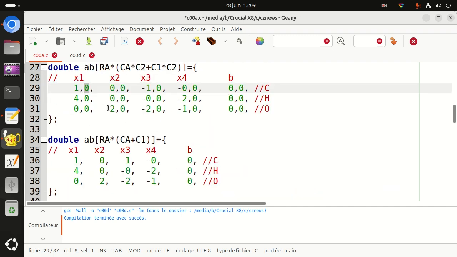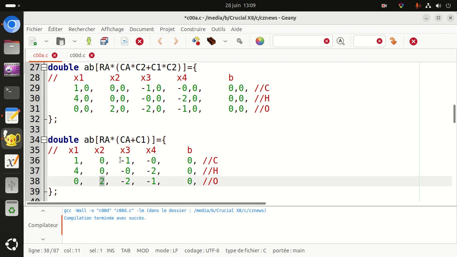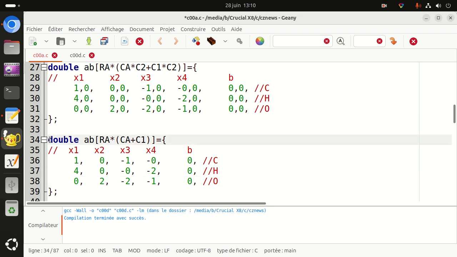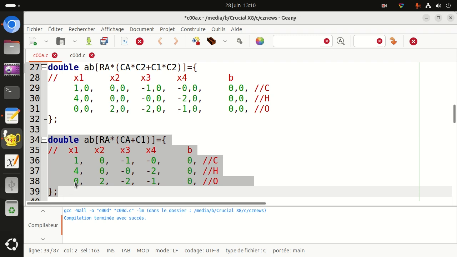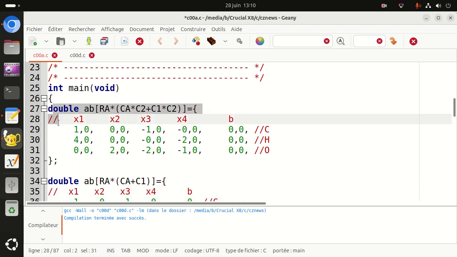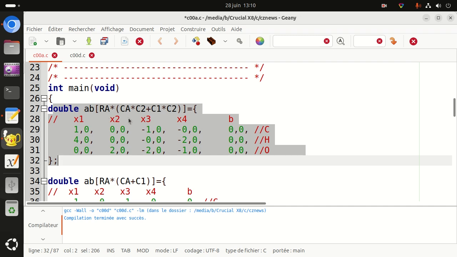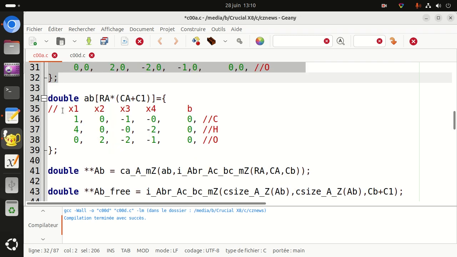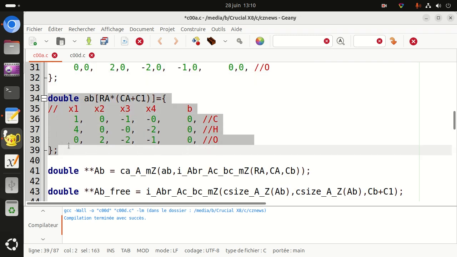Here I have created a linear system of equations with real values, and now I have created this system with complex values. Why? Because I work with my linear algebra library with complex values.